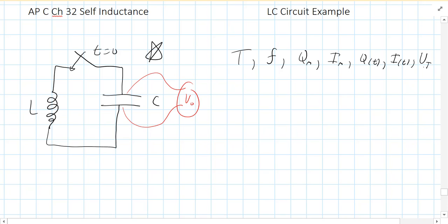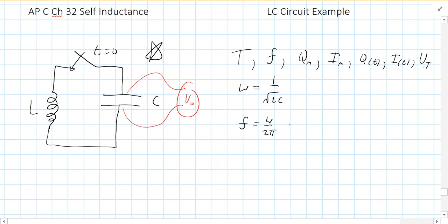Let's start off. I know that omega from the previous discussion is 1 over root LC. So I immediately know that frequency is omega over 2 pi. Remember, omega is how many radians per second, and frequency is how many cycles per second, so you just divide by 2 pi.